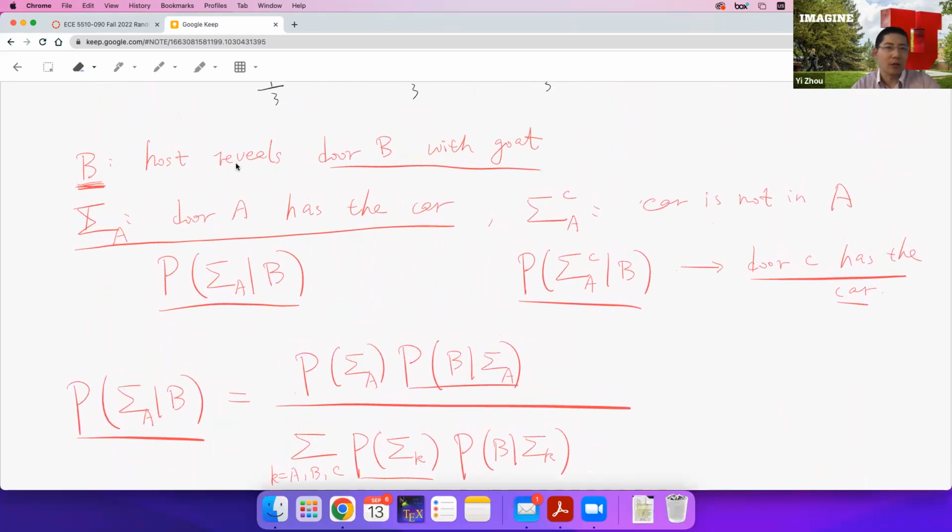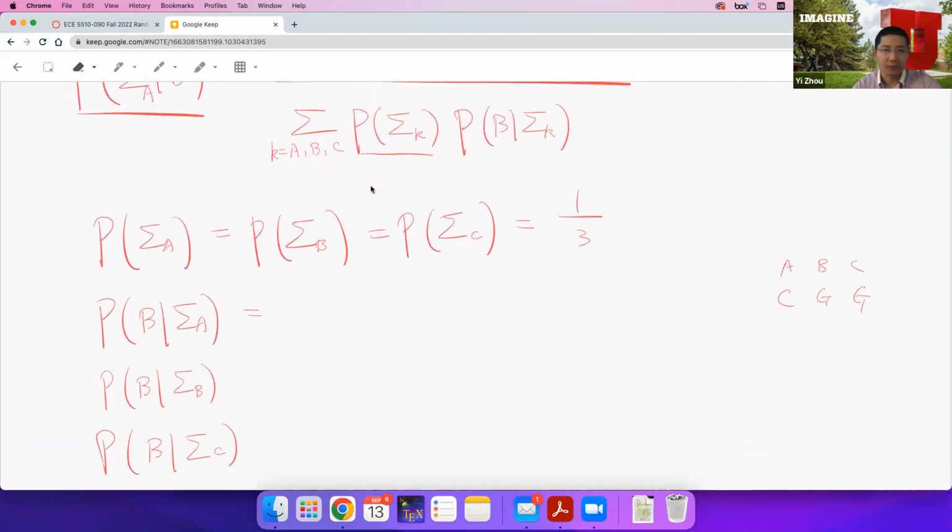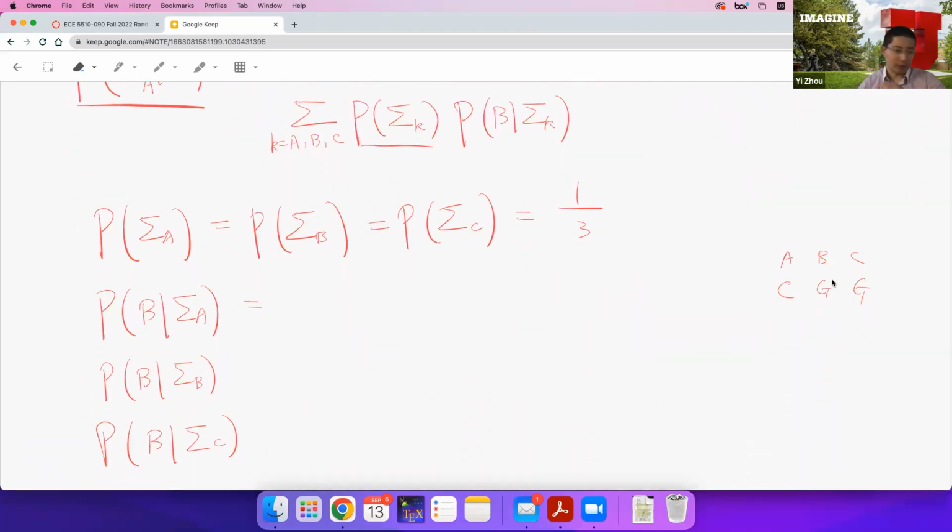B is that the host reveals door B with a goat. So in this case, this seems to be 1, because if A has the car, then door B must have the goat. So this happens with probability 1.